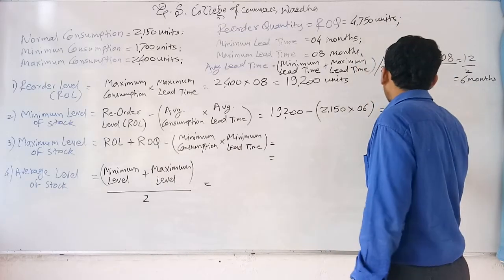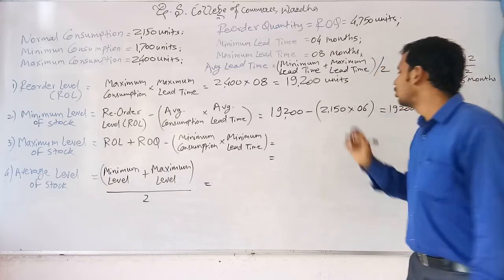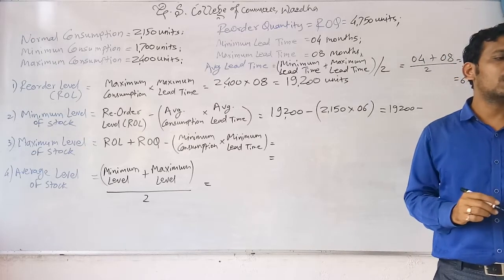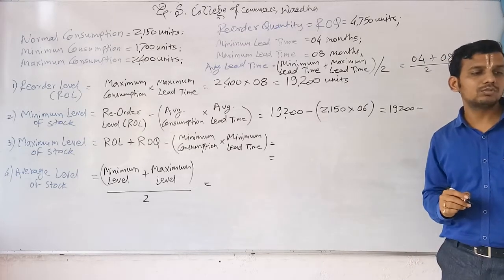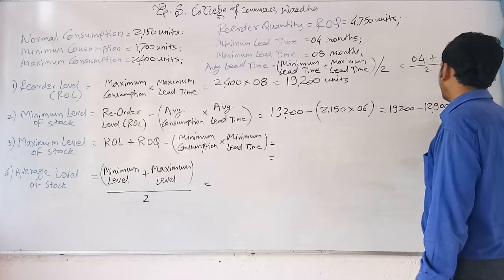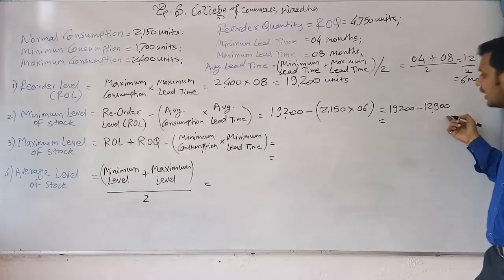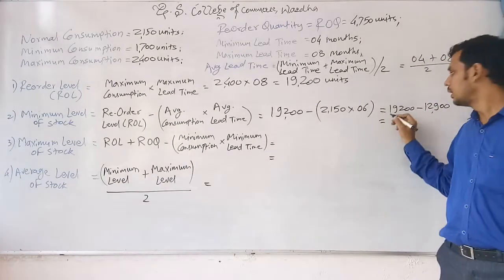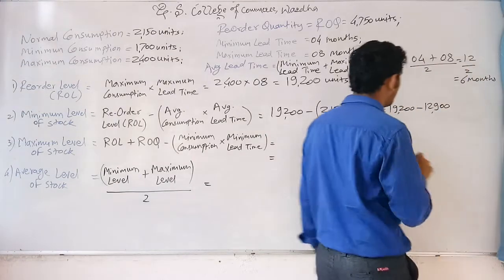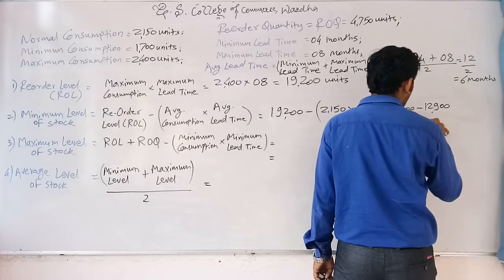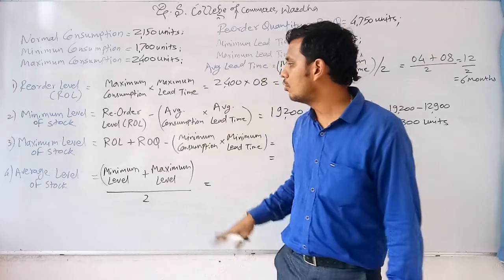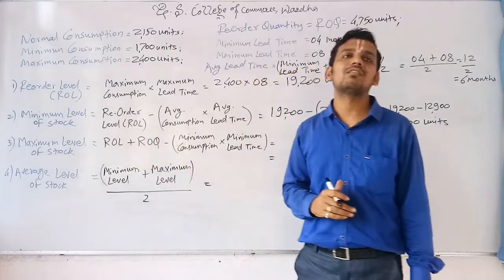That is 19,200 minus 2150 into 6, that is 12,900. By deducting 12,900 from 19,200 we get our minimum level of stock, that is 6,300 units.